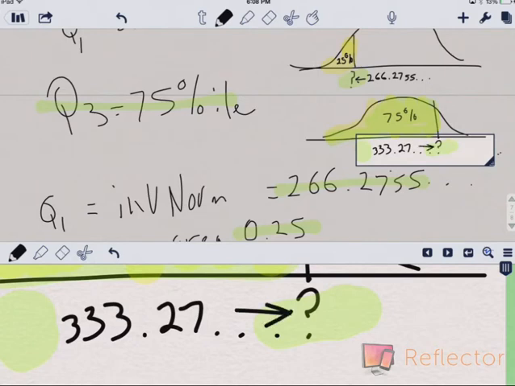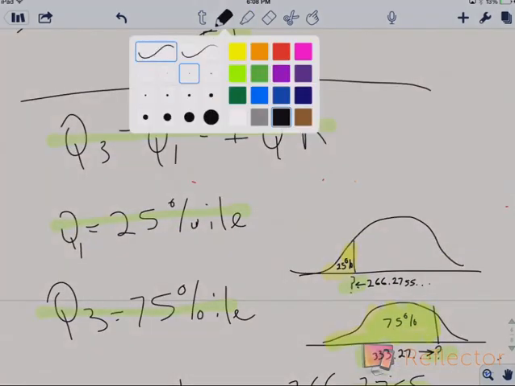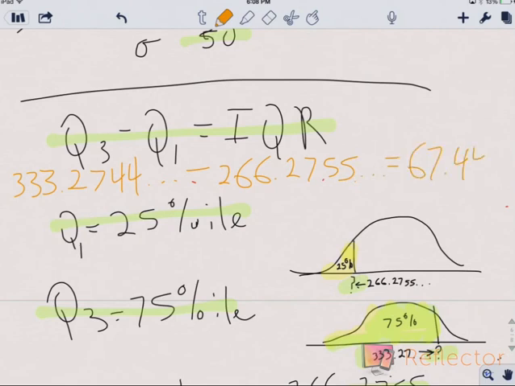So now we have Q1 and Q3, so we can actually do the subtraction to find the interquartile range. So let's do that: 333.7244... minus 266.2755..., and the difference between those is 67.4489, and that's the interquartile range.